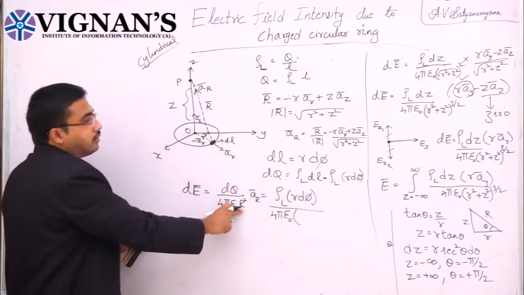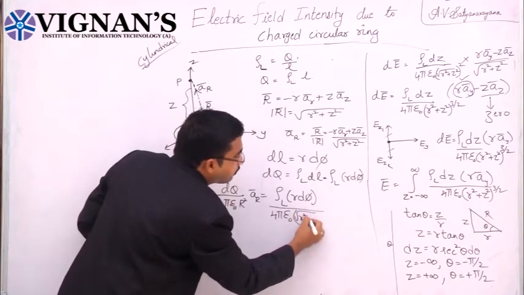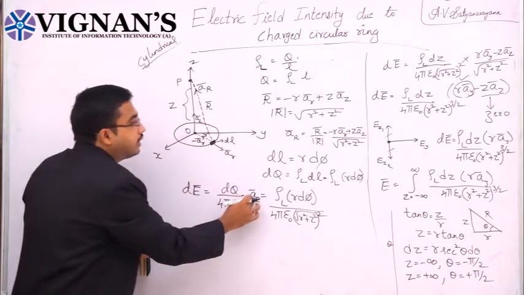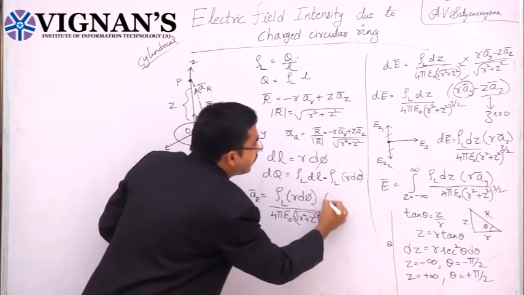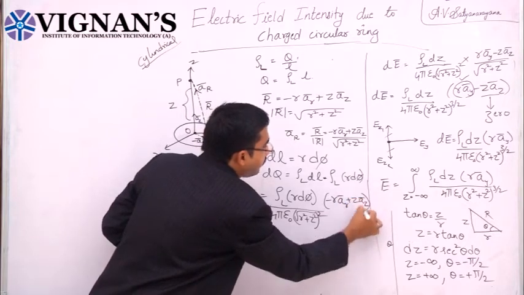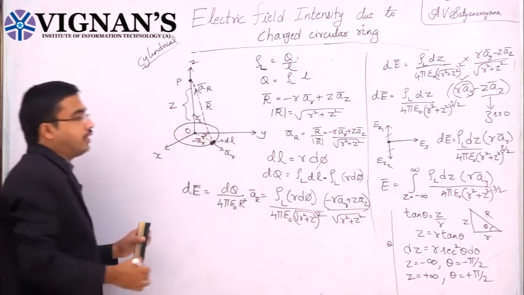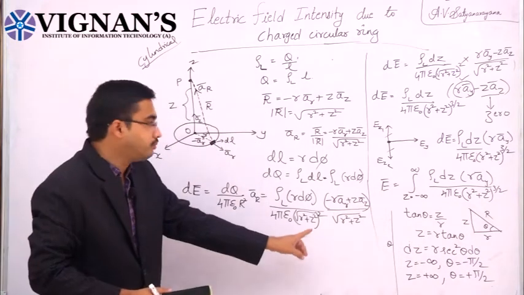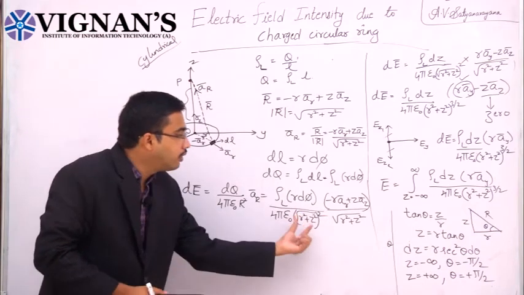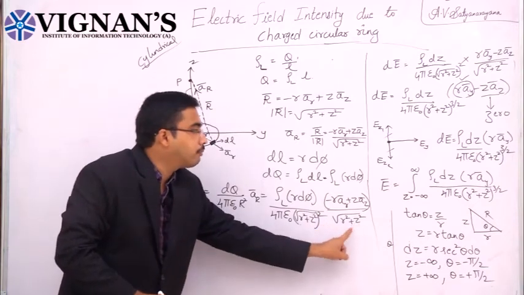What is capital R? The magnitude of this distance is root over r square plus z square, whole square. And the unit vector aR bar is minus r into ar bar plus z into az by root over r square plus z square. So this is the complete expression. Here the square and root will be cancelled, and only r square plus z square to the power of 1 will remain, and here to the power of half.